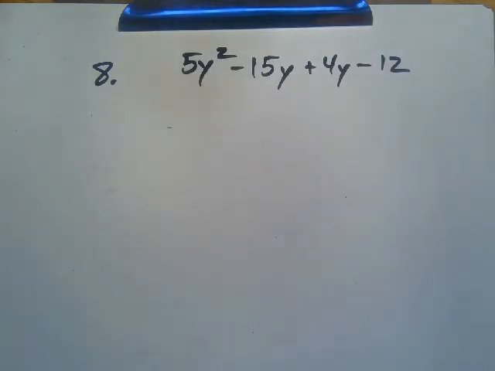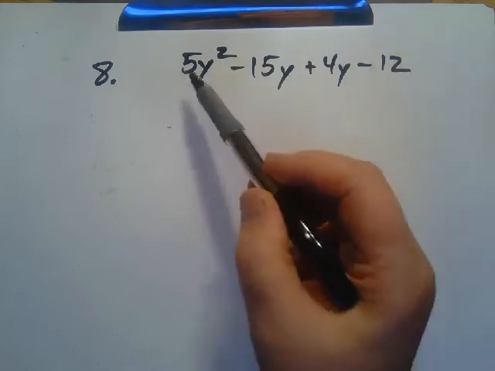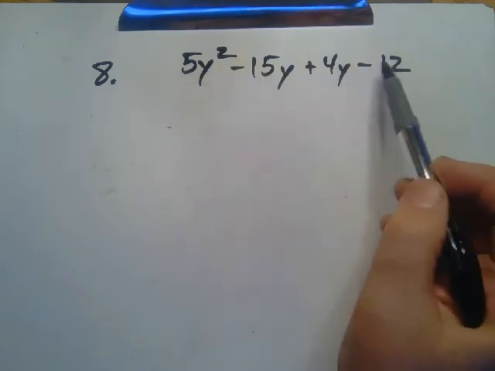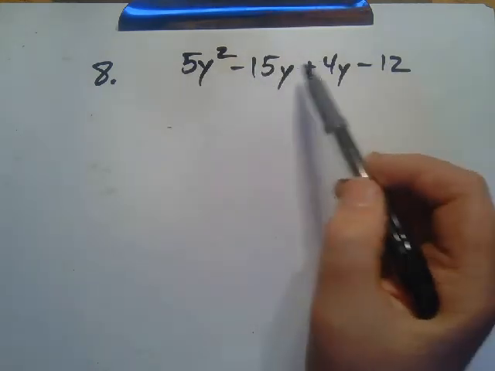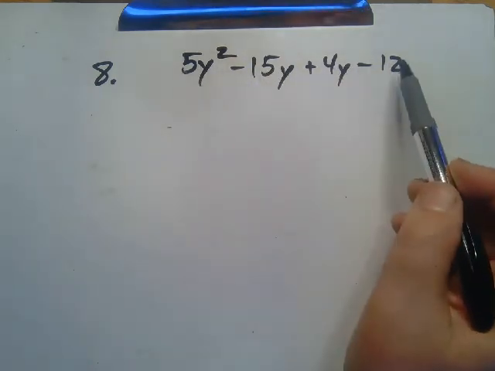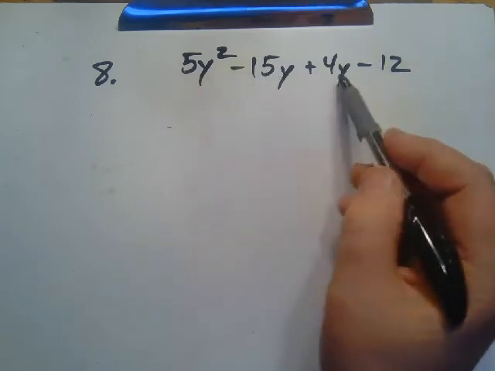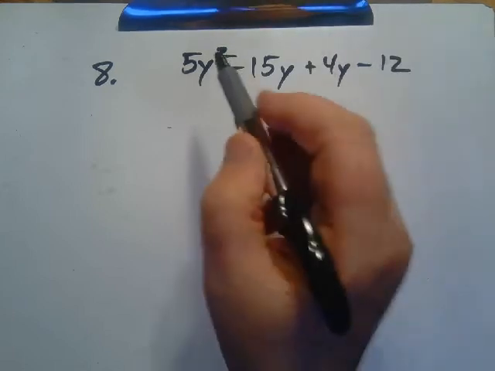All right, let's take a look at this one. This happens to be one of the problems from your homework. I want to try to take something out of every term if I can, greatest common factor, but I can't. I can't get a same number out of every one of these, but I do see that there's 4 terms here, so maybe I can factor this by grouping. Let's find out.